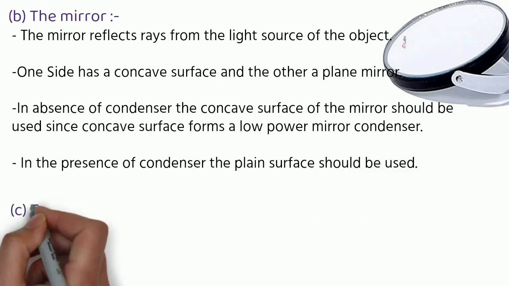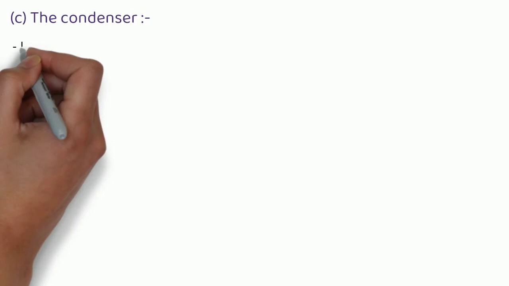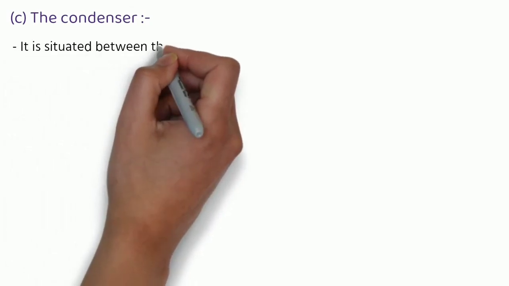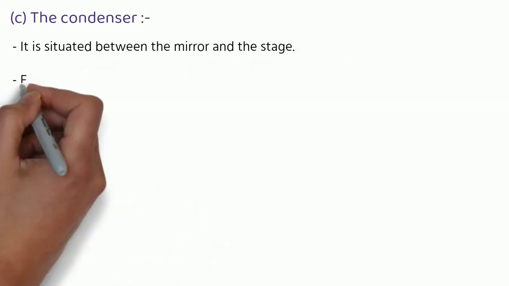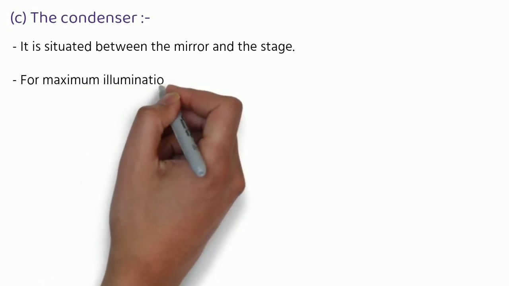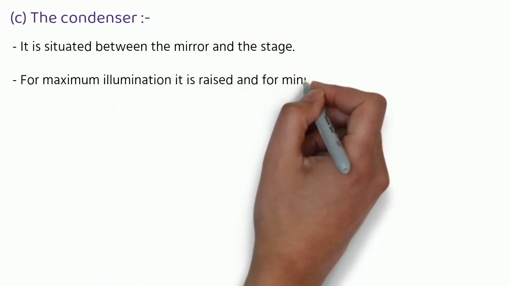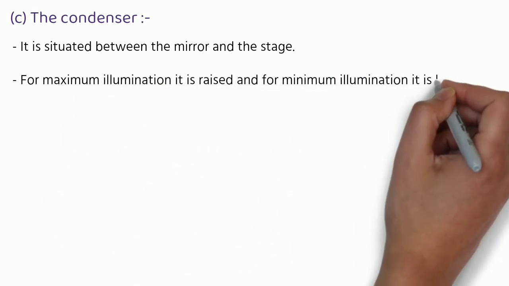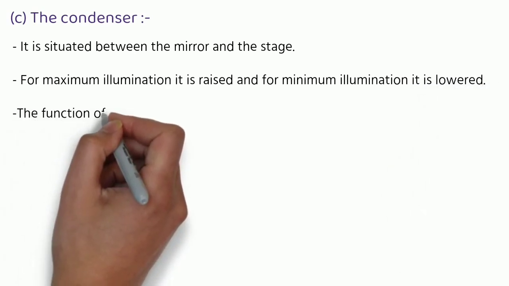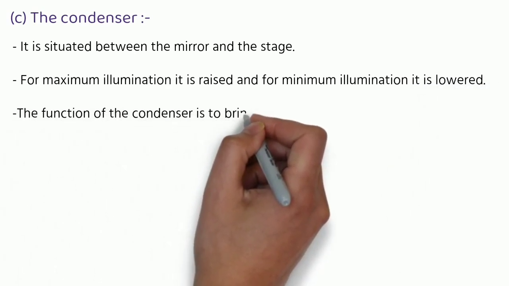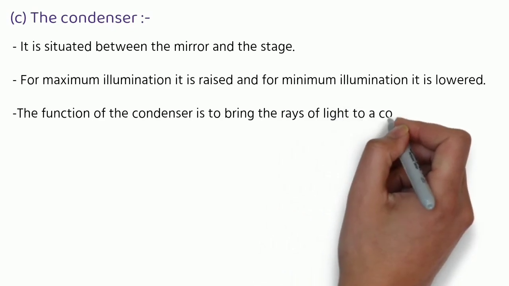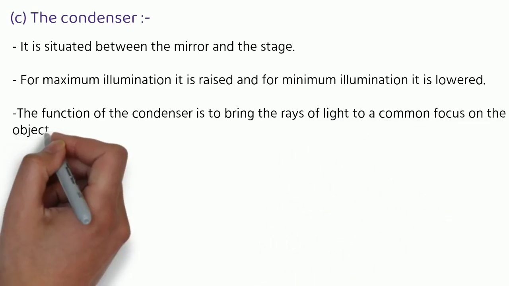Then the condenser, situated between the mirror and the stage. For maximum illumination it is raised and for minimum illumination it is lowered. The function of the condenser is to bring the rays of light to a common focus on the object examined.